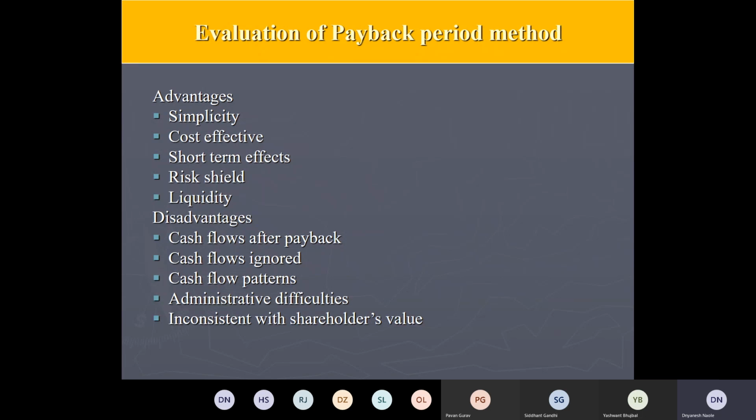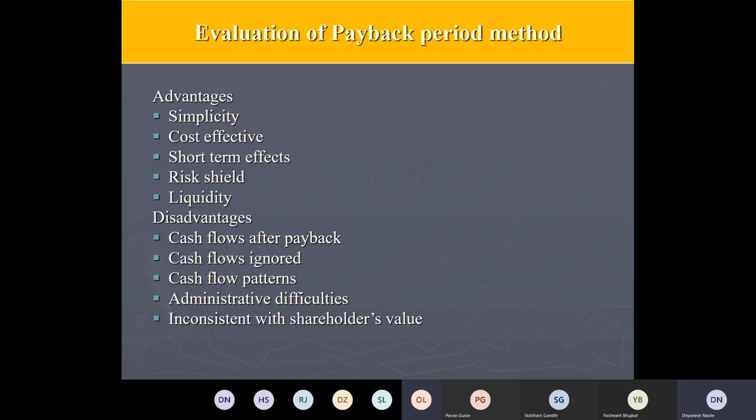Here the stress is on recovering the investment as early as possible. So that aspect of this method gives you the advantages of short-term effects, risk shield, and liquidity. All these are related to that aspect of the method where the stress is on selecting those projects which have the smallest payback period. I hope you understood these points.